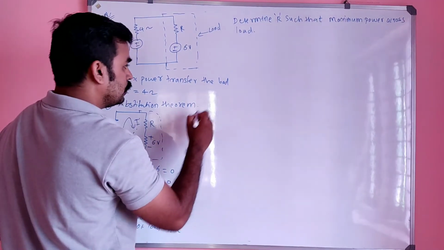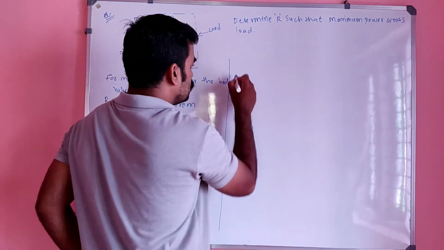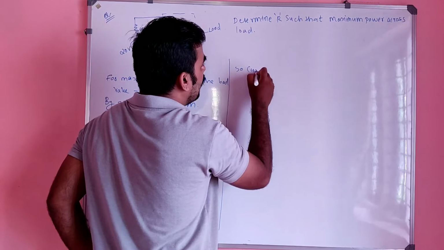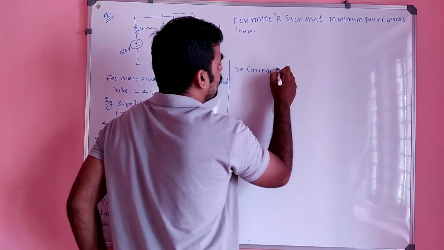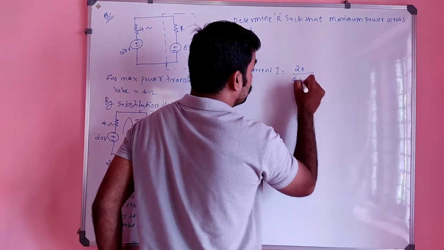So current I in the circuit will be, current I will be equal to what? 20 divided by 4 plus 4, right?